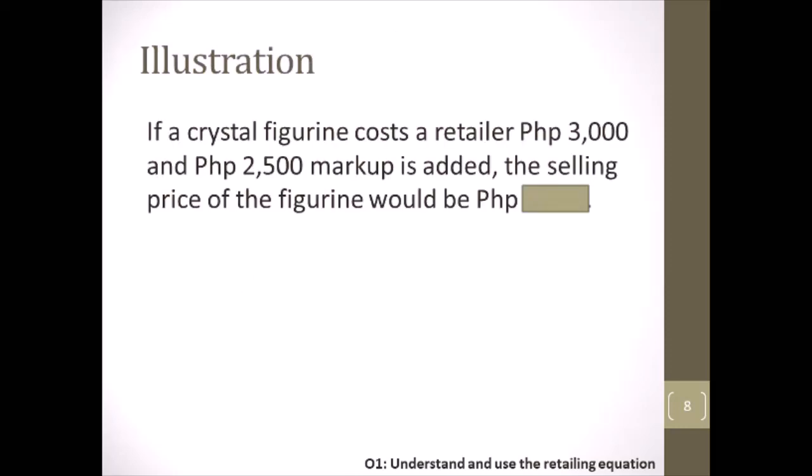So to illustrate, if a crystal figurine costs a retailer 3,000 pesos and 2,500 markup is added, the selling price of the figurine will be blank. So using the formula, our cost is 3,000 pesos.